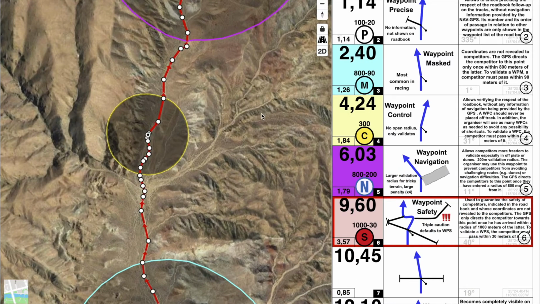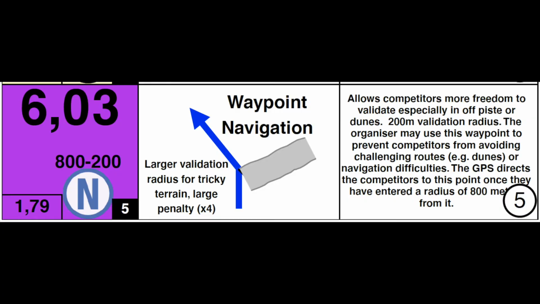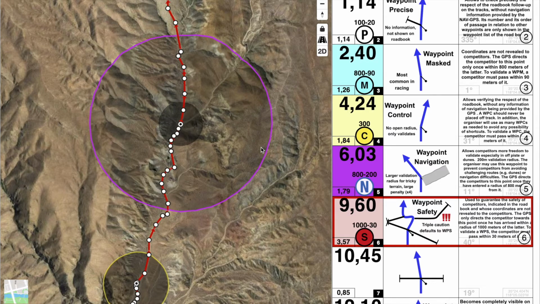Then the big one we get is the Waypoint Navigation. Now the Waypoint Navigation has a much larger validation radius, so open radius is also 800 meters, but the validation radius is 200 meters. What's important to note about this is that your penalty for missing a WPN is an hour.